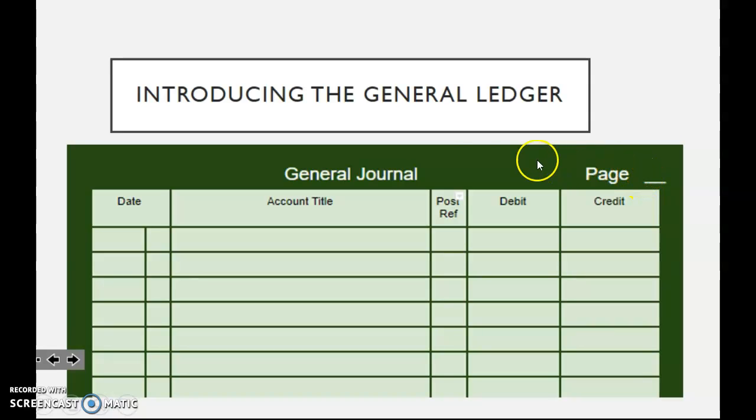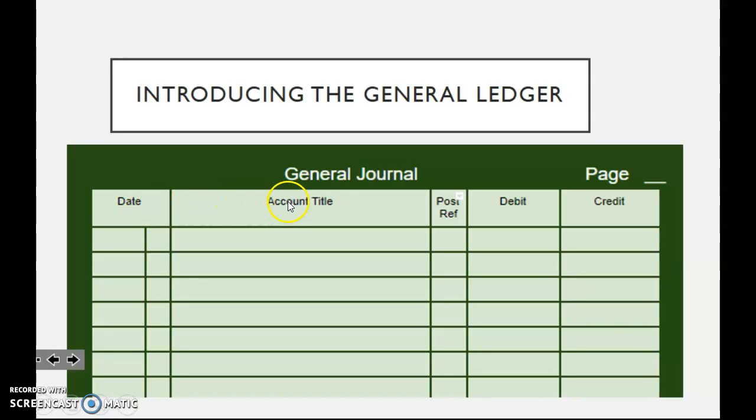Also, you noticed in the T accounts, you had them like A, B, C transactions. They were identified by letters. Well, now you have a date column. So we're going to be identifying the transactions by date instead of assigning them an alphabetic character.